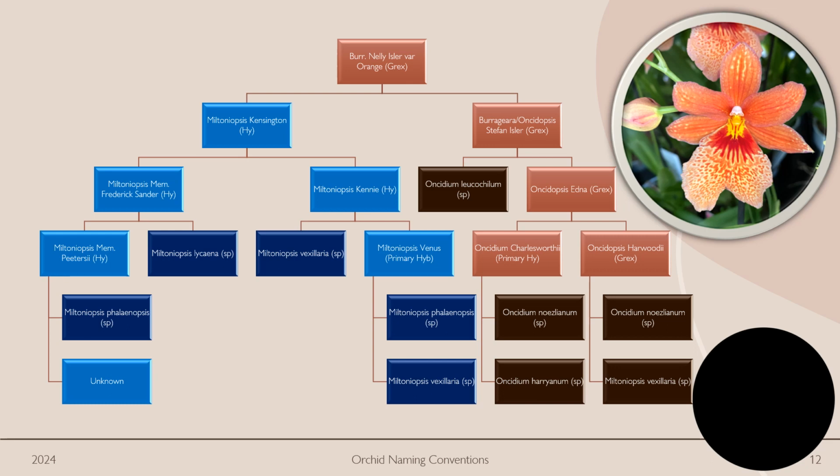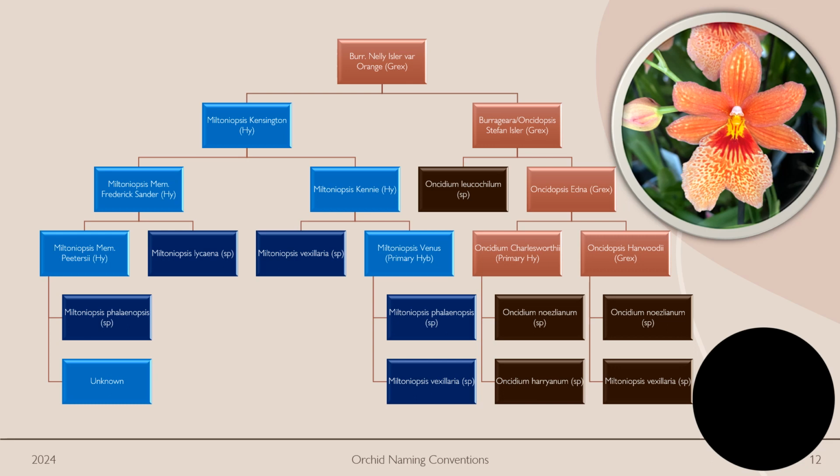That Grex was a cross between another Grex called Stefan Isler and a hybrid called Miltonopsis Kensington. Just look at the Miltonopsis Kensington branch of this family. That is a hybrid between two other Miltonopsis hybrids, Frederick Sander and Kenny.